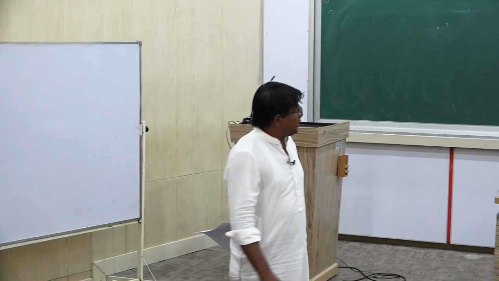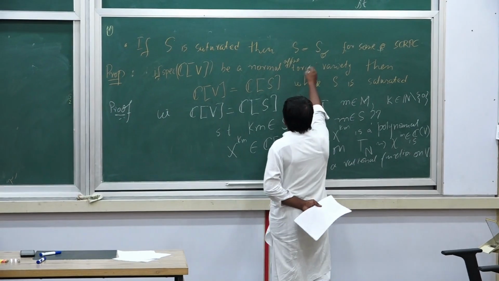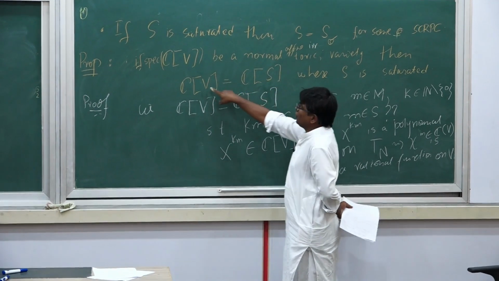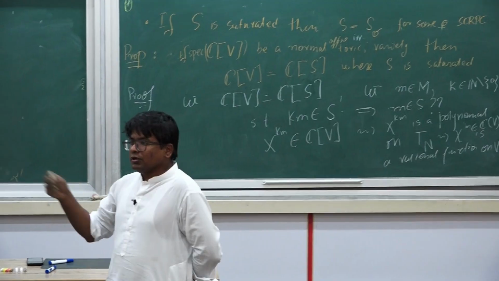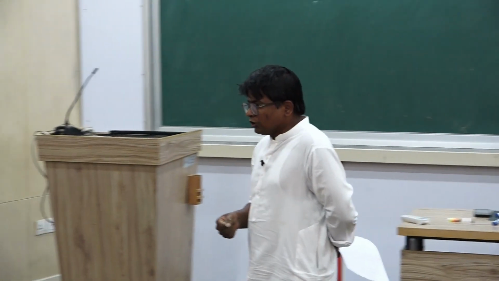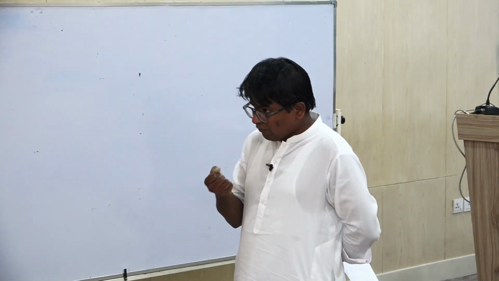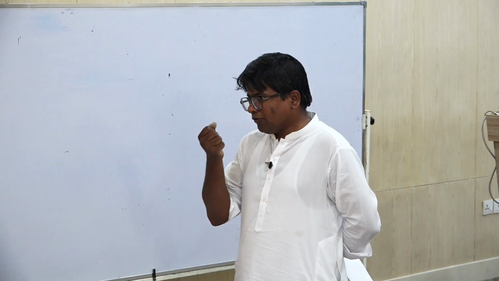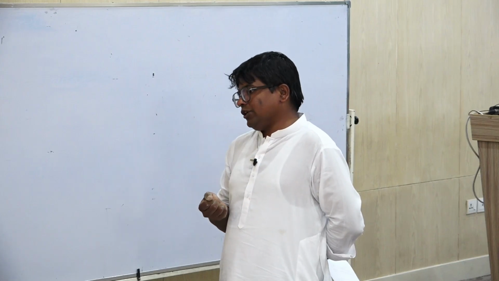So this result is saying that if you have a normal affine variety, and of course I should put irreducible, because otherwise C of V will not be an integral domain. So that would be a problem. So this is just saying that if you have a normal affine toric variety, the affine semigroup which I can associate with that normal irreducible affine toric variety is actually saturated.